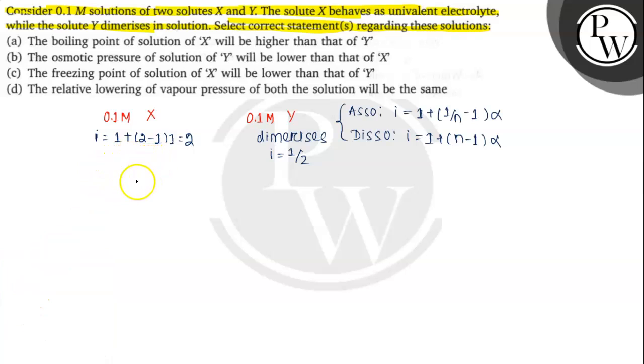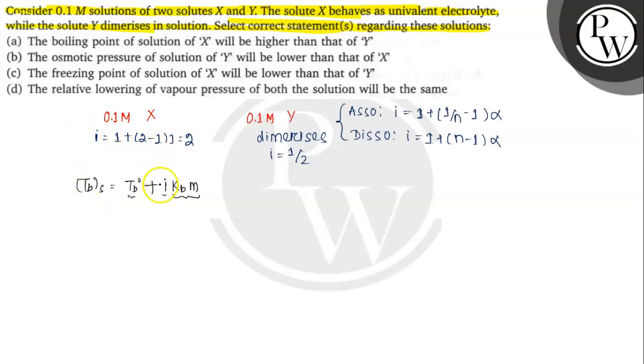First it says that the boiling point of solution of X will be higher than that of Y. The formula for boiling point of solution is boiling point of water plus i into Kb into molality. The concentration is the same and Kb is also a constant, so this part is constant.